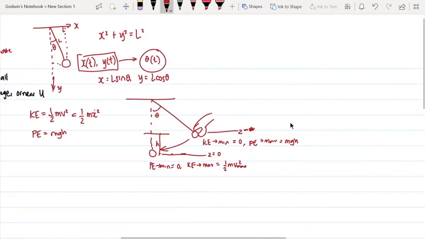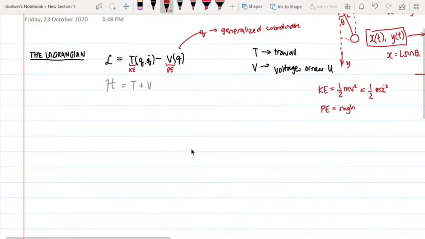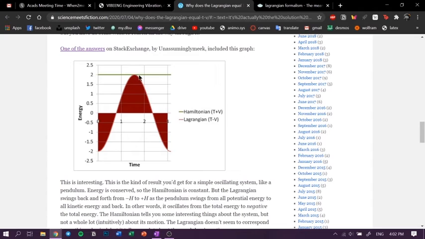And at the lowest point, there's no potential energy now, but all of the energy is converted into kinetic energy. So all of the energy minus 0, of course, you're gonna reach the maximum, right?